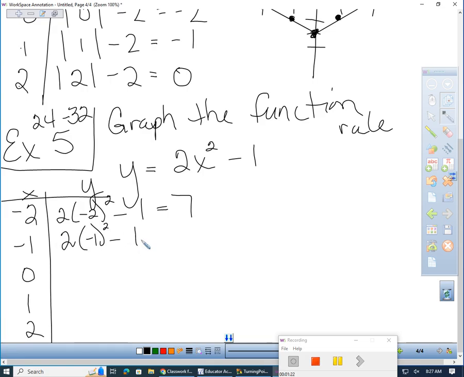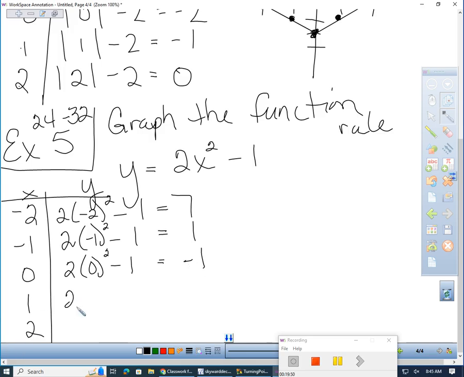So I have -1 squared is +1 times 2 is 2 minus 1 is 1. Here I have 2 times 0 squared minus 1. 0 squared is 0. Times 2 is still 0. Minus 1 is -1.